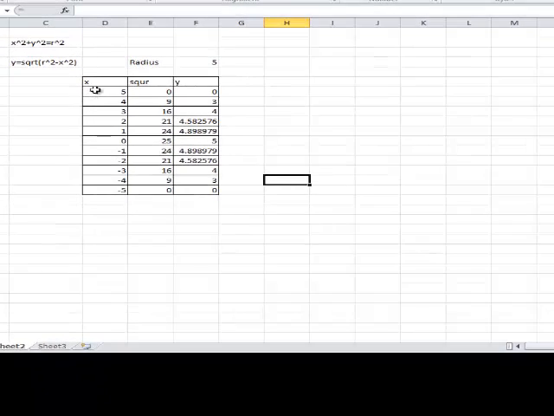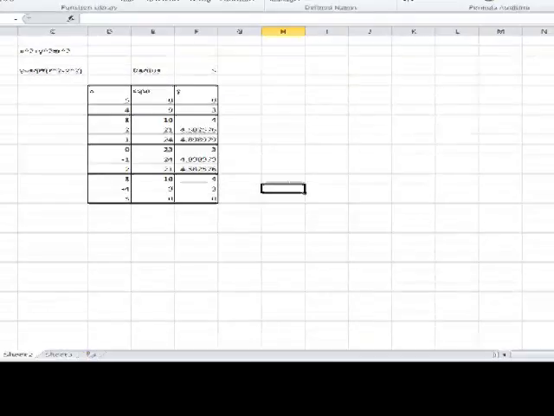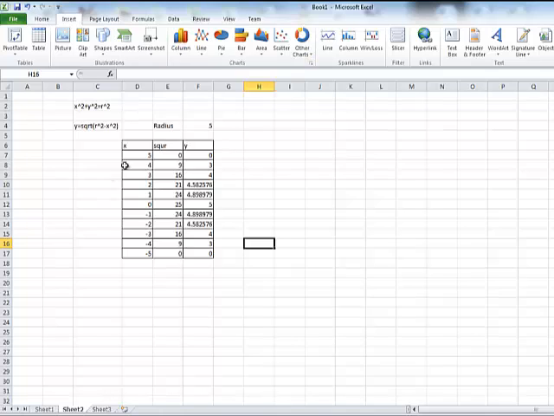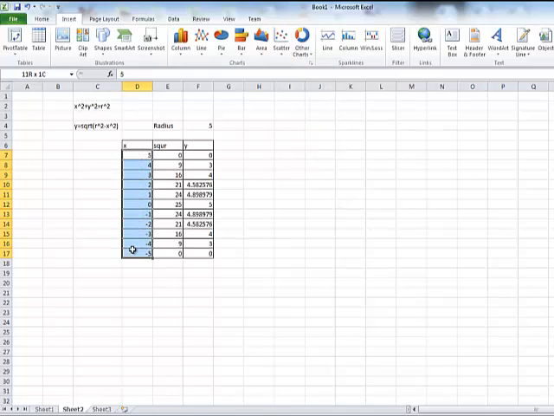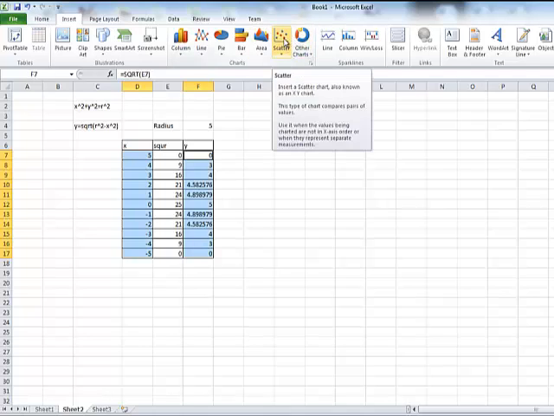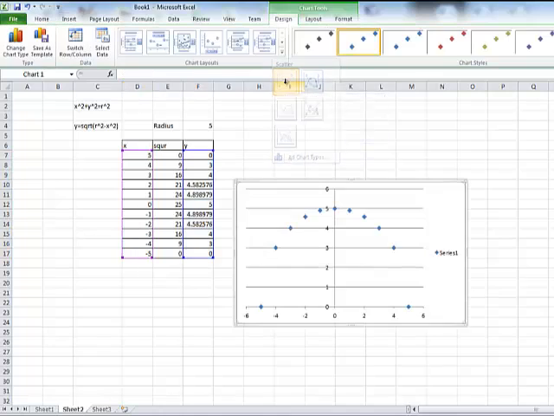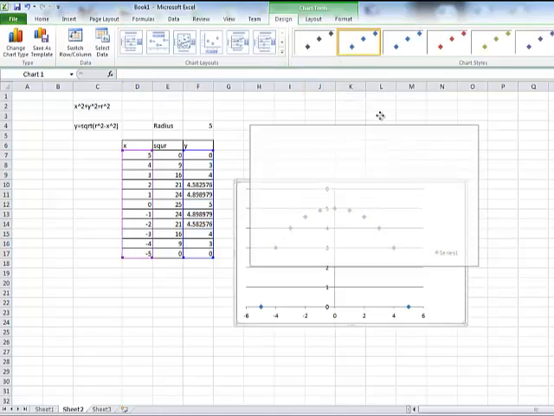Now, what we want to do is graph this, so we go into insert, scatter. Now hold control. Select all of them. Let's go scatter. I'm just going to go dots. And then we have a graph.